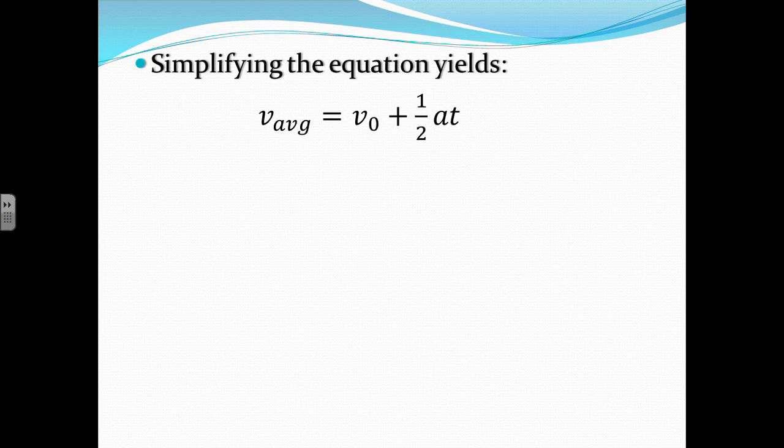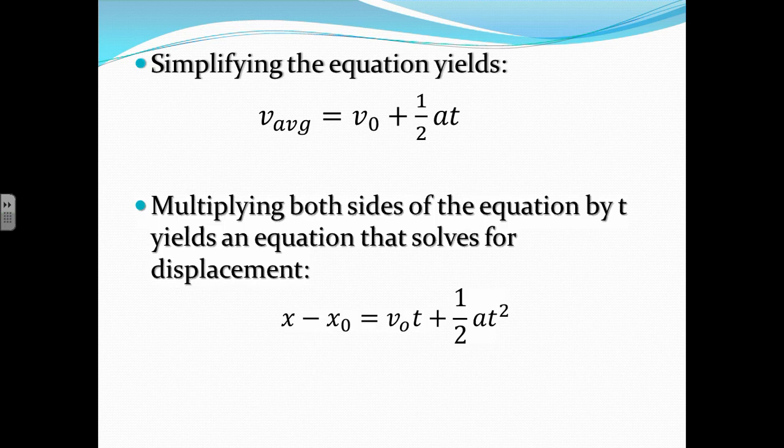So if we multiply the left-hand side by time, we will get change in position, and since we multiply the left-hand side by time, we have to multiply the right-hand side by time as well. That gives us change in position equals velocity initial times time plus 1/2 acceleration times time squared. You'll see this as the second equation in your AP Physics C reference tables, the second one from the top.